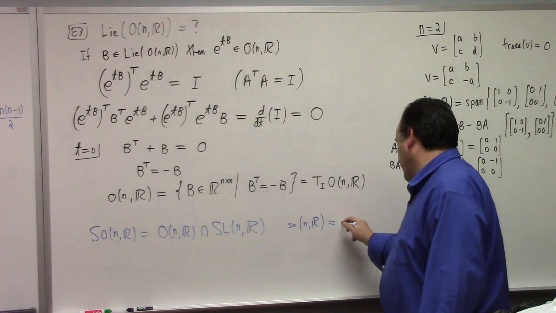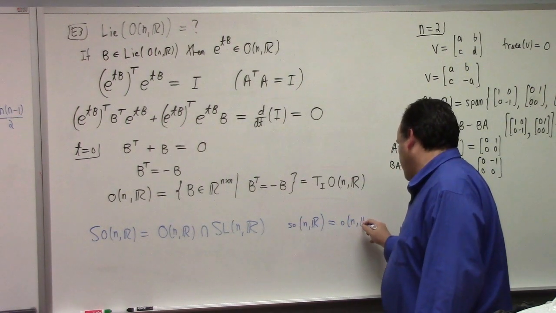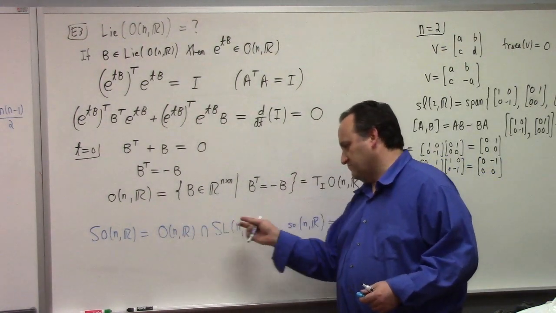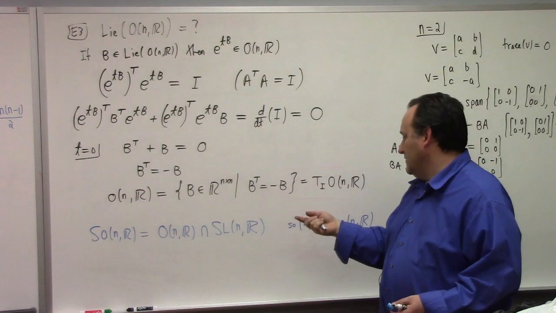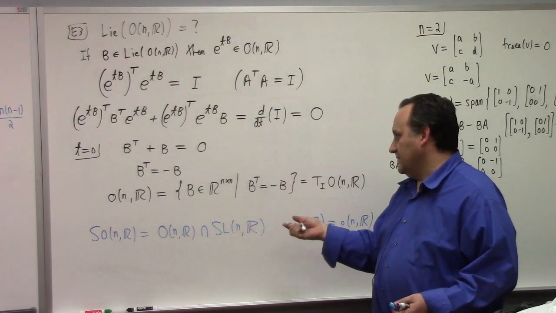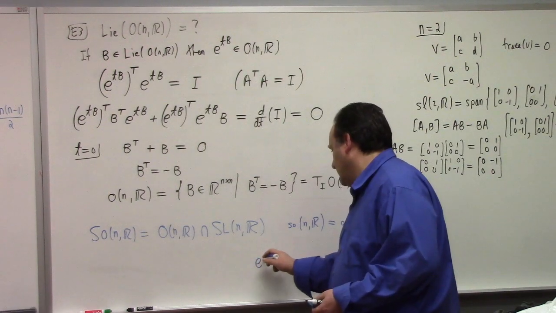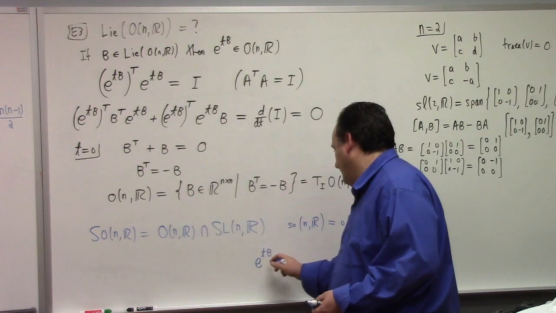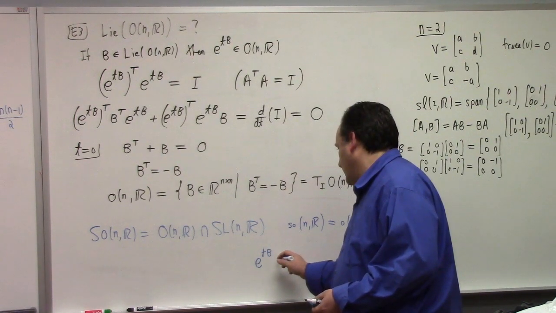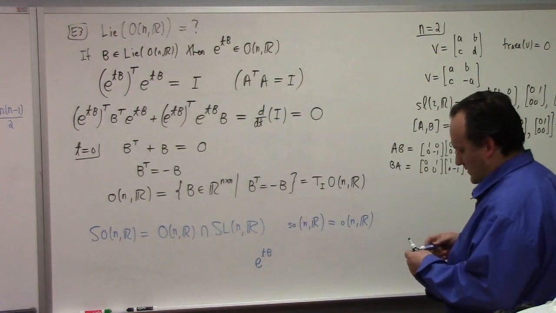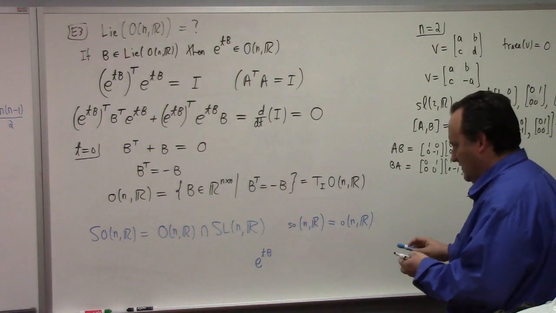It's going to be the same as o(n), and the reason for this is... what I'm trying to get at here is if we have e to the tB is already... sorry, brain stopped working all of a sudden.